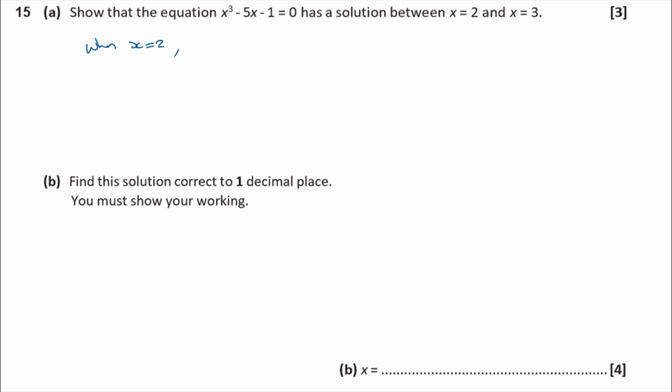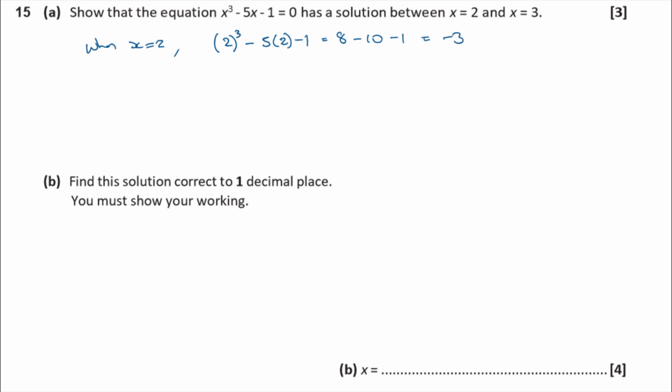So when x is 2, then x cubed minus 5 lots of 2 minus 1 is 2 cubed minus 5 lots of 2 minus 1. What's that equal to? That equals 8 minus 10 minus 1, which is equal to minus 3.